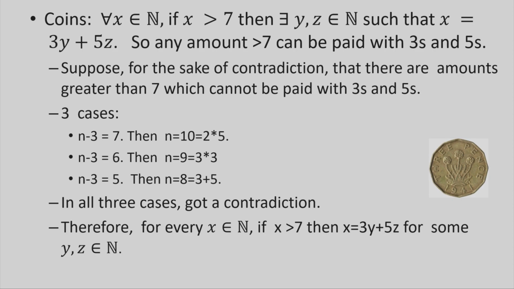But that's exactly what we wanted to prove. So here's how we got our answer. The set of those things must have been empty. Otherwise, by the well-ordering principle, we get something that leads us to a contradiction. And therefore, every x that's greater than 7 can be written as a sum of some number of 3's and some number of 5's.